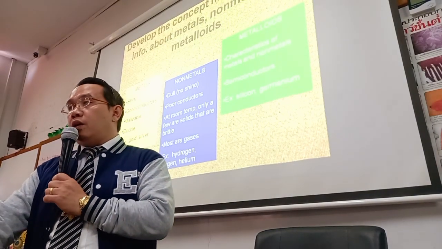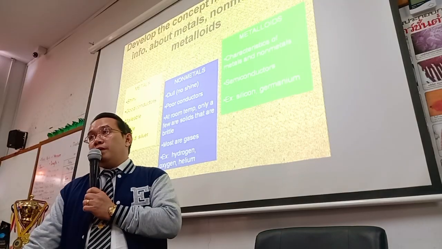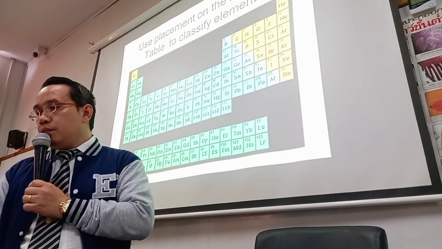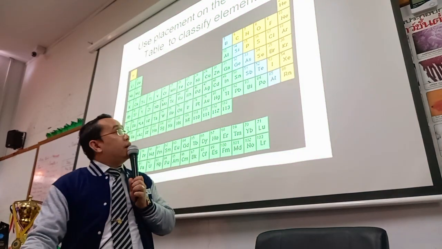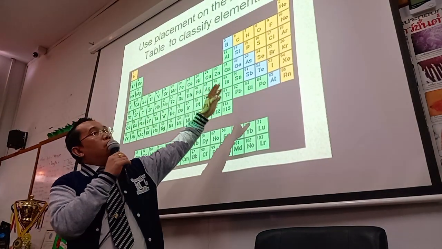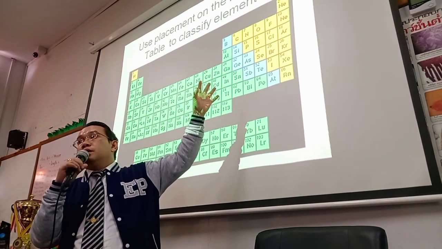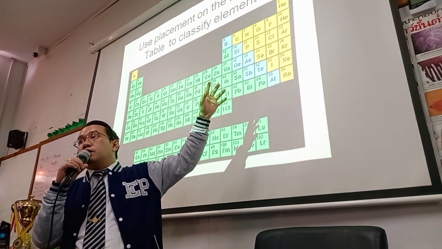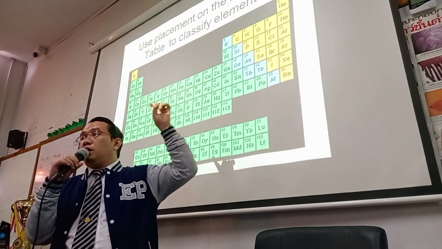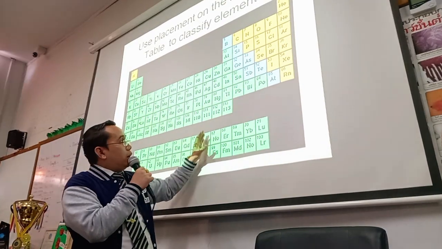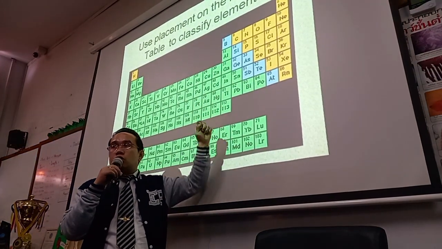So these are the metalloids. They are considered a special type of element. So the placement in the periodic table classifies the elements. All of those are elements, pure substances. One type of atom must be present in each element. That is why they are always separated in each block.